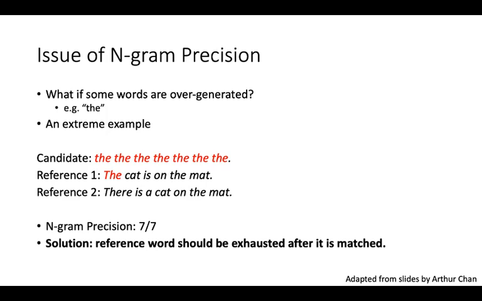We have a problem here. So the solution is that once, for example, one word is matched with one word in the reference, we don't count the other words with the same token. So that would be 1/7 instead of 7/7.